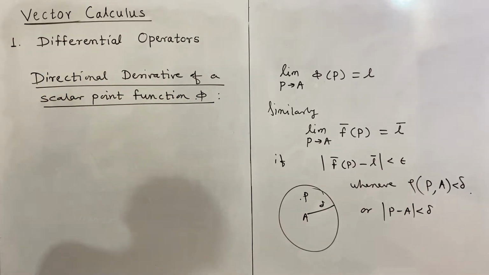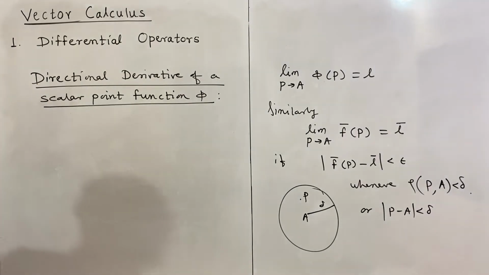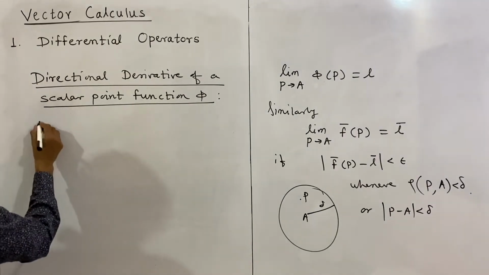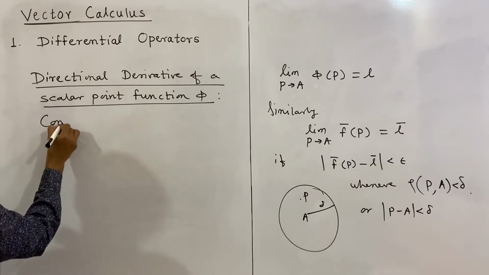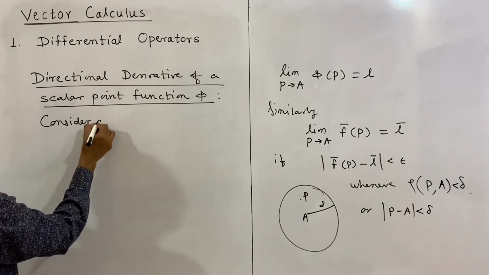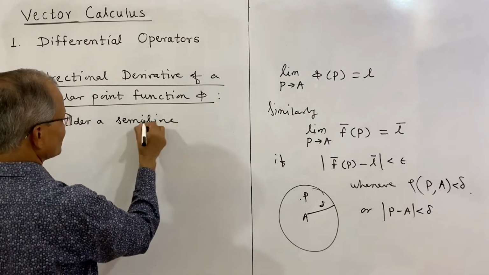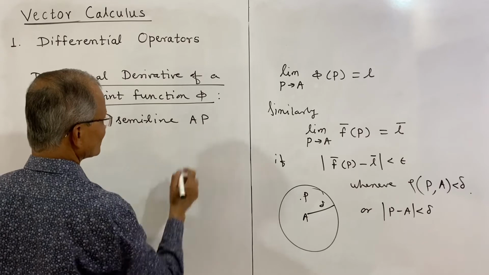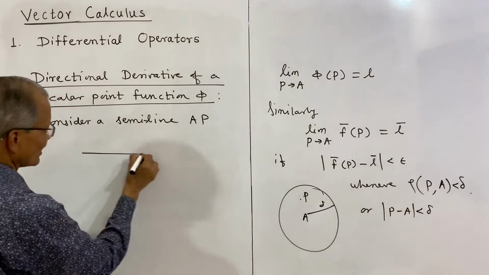Let phi p be a scalar point function at point p. We consider a semi-line AP. Semi-line means line in one direction.